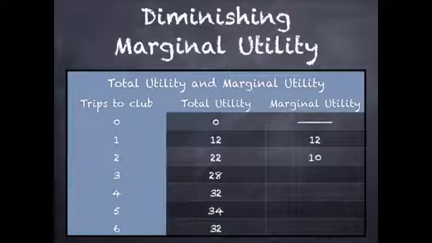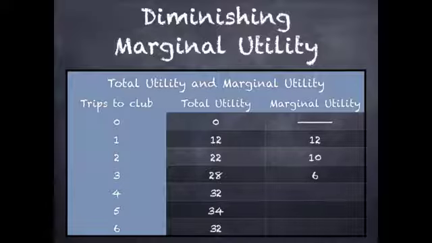When we go from 1 to 2, the first trip to the club yielded 12 units of total utility. The second visit, our total utility goes to 22. Therefore, the second visit caused our total utility to increase by 10 units. So the marginal utility of the second trip to the club is equal to 10. It's 22 minus 12.